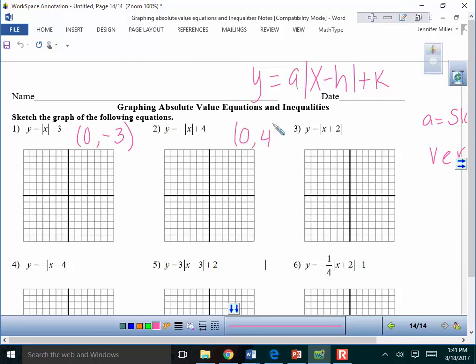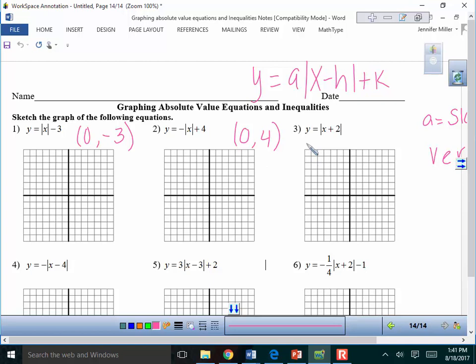What is our (h, k) on number 2? 0, 4. Okay, raise your hand. This is a toughie. Don't shout it out, but raise your hand if you can tell me what the vertex is on number 3. Will, could you tell me? Okay, look at it, it's (h, k), so what would h be?